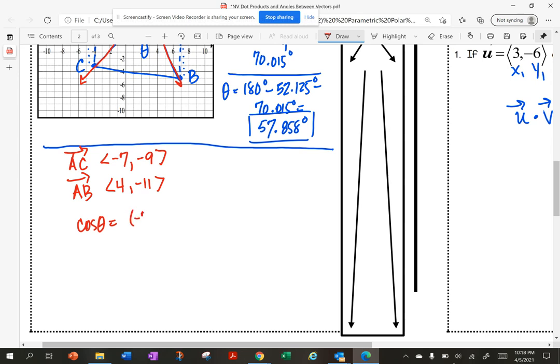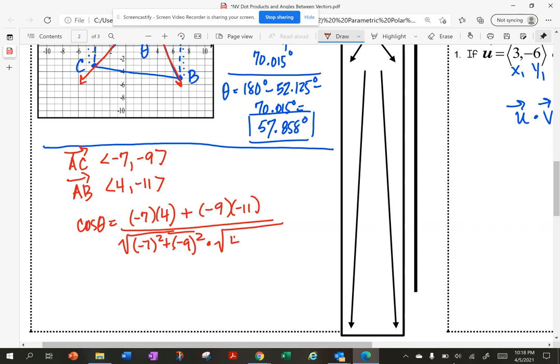So this is going to be -7 times 4 plus -9 times -11. And I'm going to do the magnitude of each vector, which is the square root of -7 squared plus -9 squared, times the square root of 4 squared plus -11 squared.